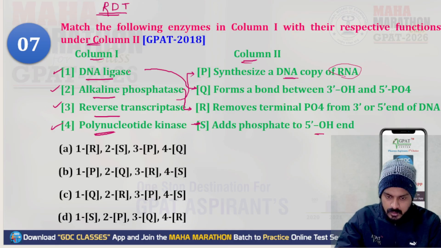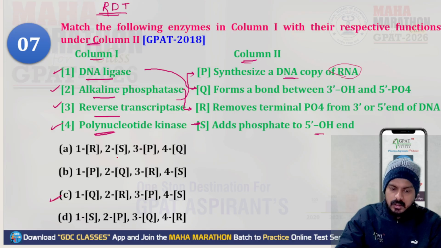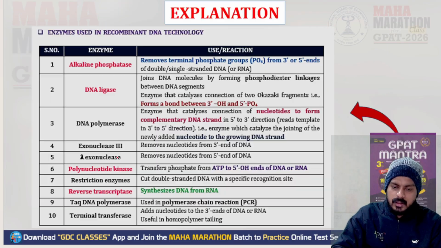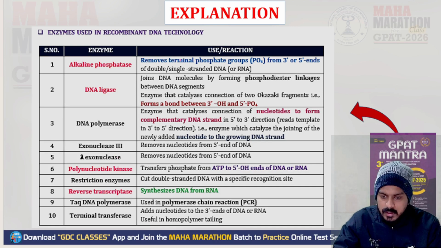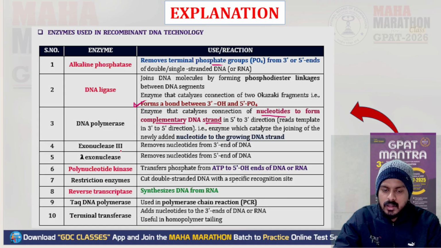So P-1, Q-1, R-2, S-... Option C is the correct answer. Okay. Next question. You can see alkaline phosphatase removes the terminal phosphate group. DNA ligase forms a bond between 3' and 5' phosphate. DNA polymerase adds nucleotides to form the complementary DNA strand.